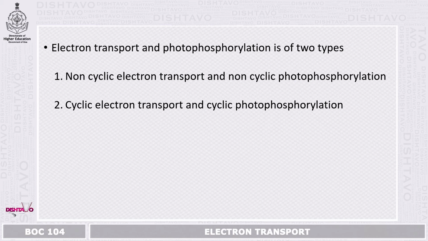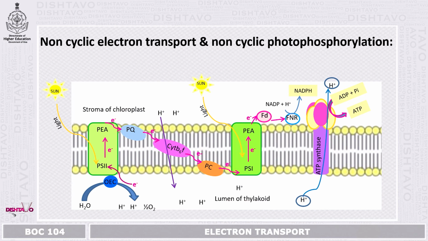Electron transport and photophosphorylation are of two types: non-cyclic electron transport and non-cyclic photophosphorylation, and cyclic electron transport and cyclic photophosphorylation. In non-cyclic electron transport, resulting in the formation of ATP molecules in a non-cyclic manner, when photosystem 2 absorbs a photon of light, electrons are excited. These electrons are taken up by a primary electron acceptor.